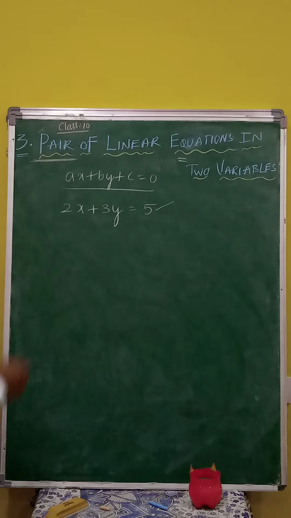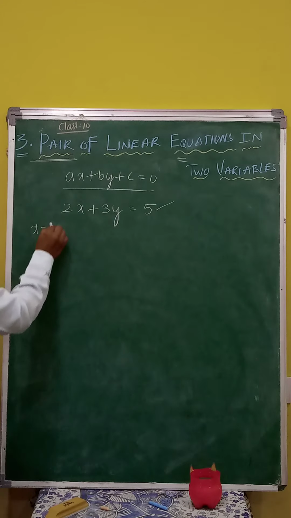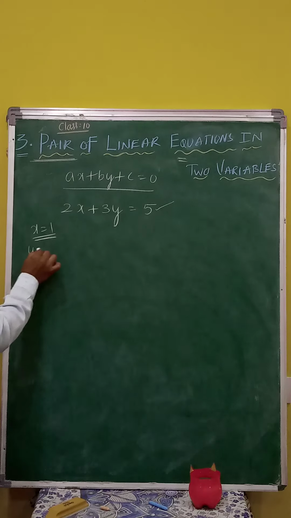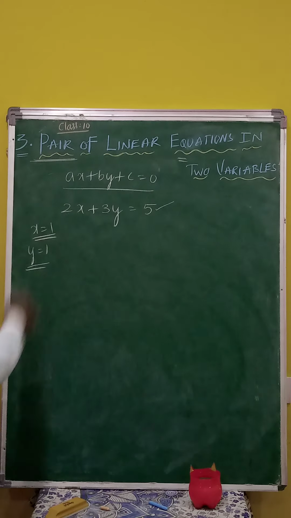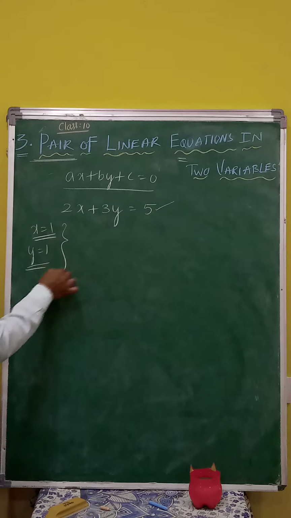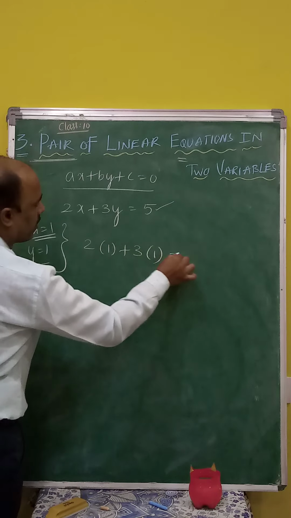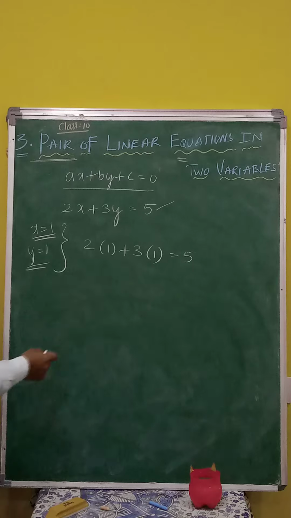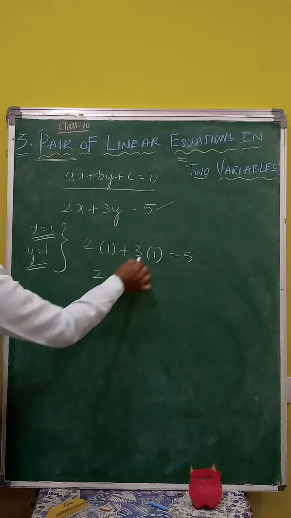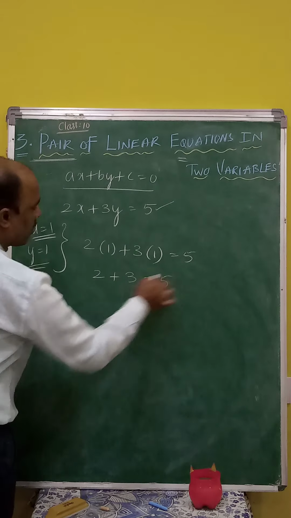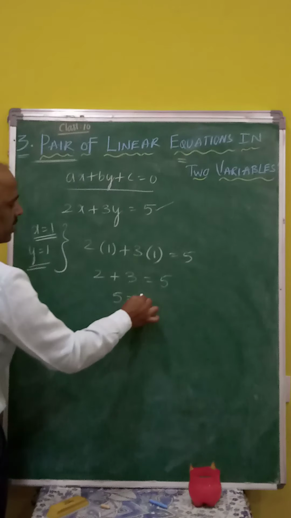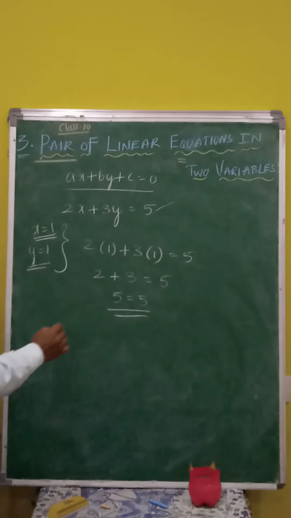Suppose I am assuming x is equal to 1 and y is equal to 1. Applying this, 2 into 1 plus 3 into 1 is equal to, given, 5. 2 ones are 2, 3 ones are 3. Here 2 plus 3, what is the answer? 5 is equal to 5. Yes, both are equal, no?